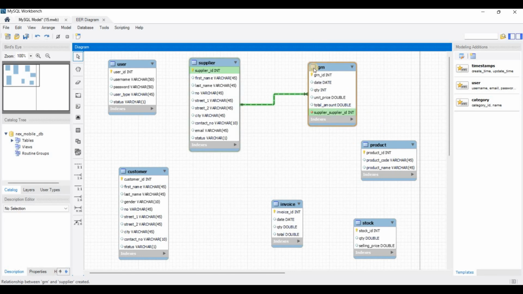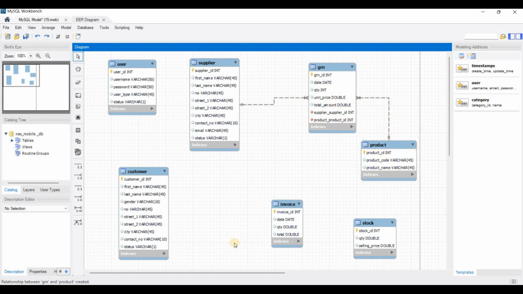When we get one good received note, there should be one product. So the relationship between these two tables is a one-to-many relationship. This is the symbol we use to represent it, and GRN is the many side and this is the one side.